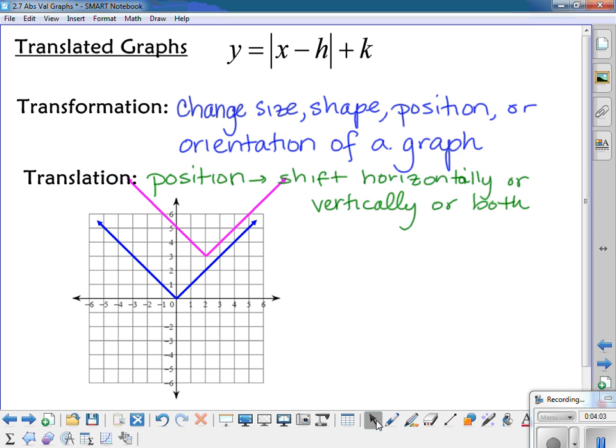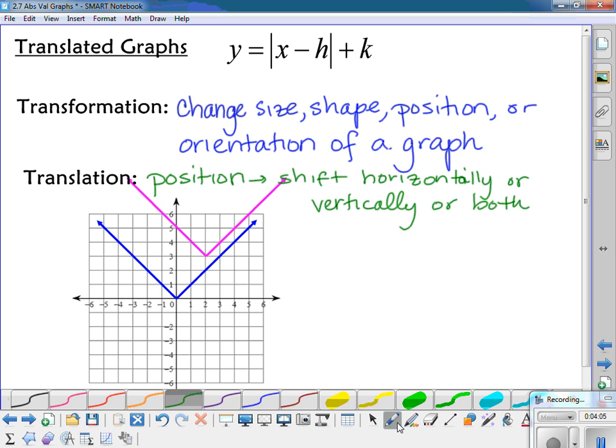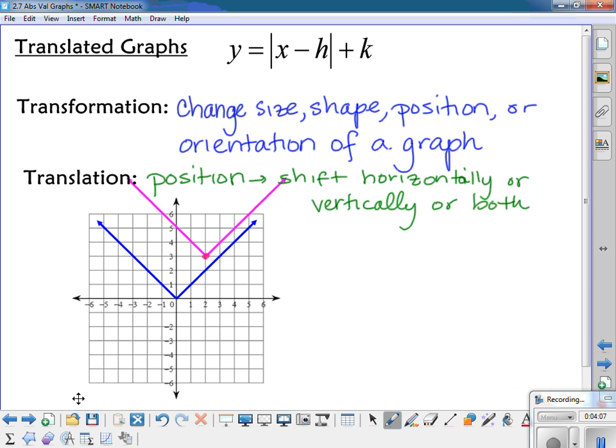Okay, so now I've got it where my vertex is at 2, 3, right? So I shifted it horizontally 2 units to the right. So my h gives me my horizontal shift, and the k will give me my vertical shift.